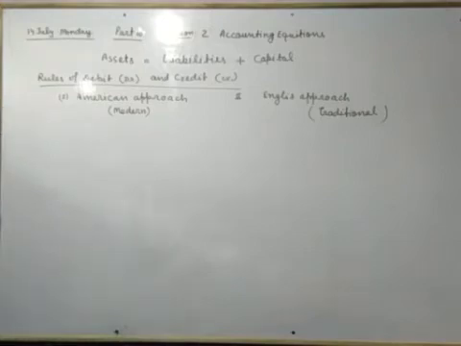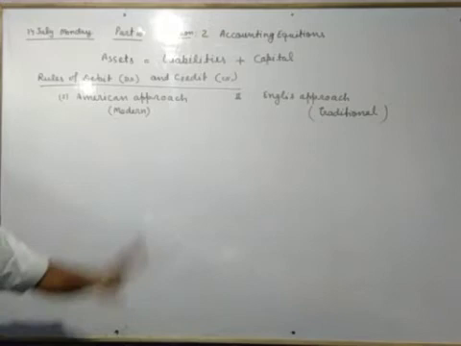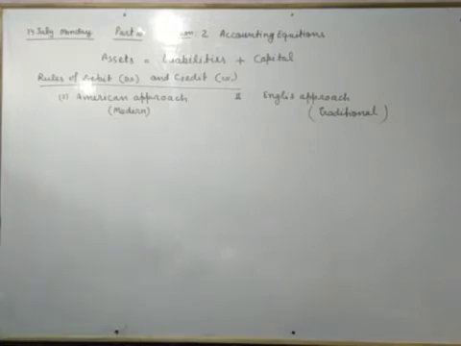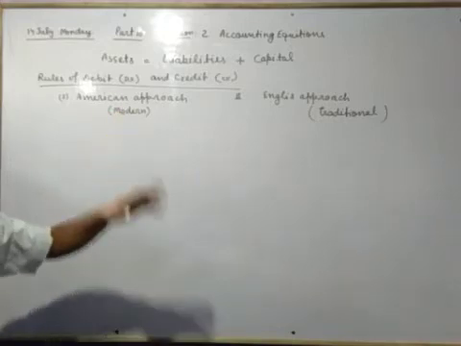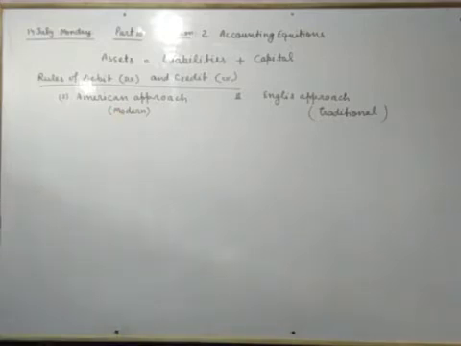Now, second thing, debit and credit. These are two words you always hear in accounting. Debit, credit, debit, credit. So what is this debit, credit? Actually, debit and credit have no meanings of their own, but they indicate the nature of accounts.